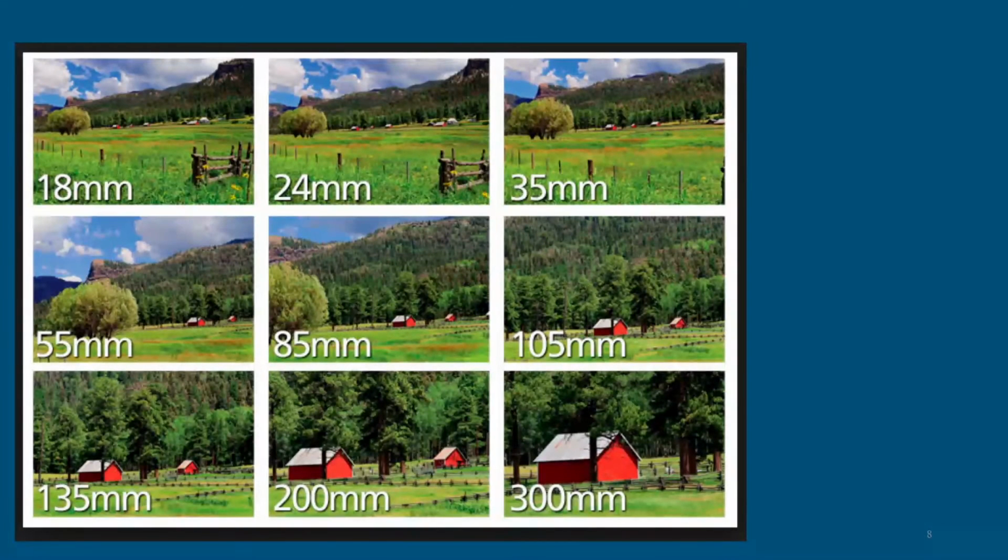Here again, we could kind of see from a fixed position what different focal lengths will get you. So we're standing out in a field. We're up here at 18 millimeters. We have a nice wide perspective on this little farm, and we increasingly get closer, closer, closer.